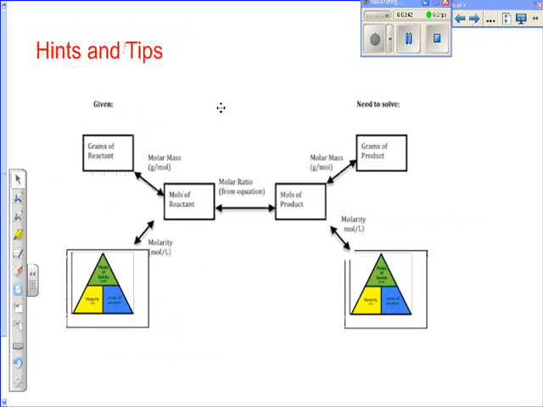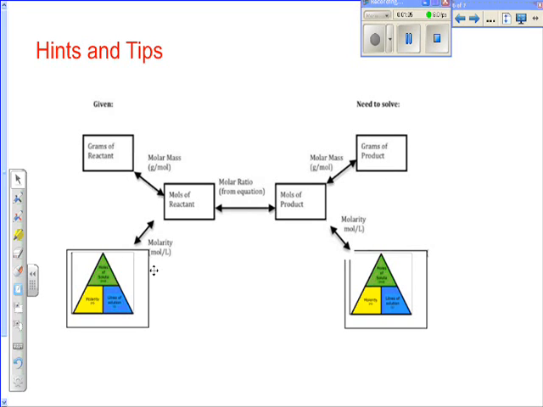To make it easier, just take a look at this picture. You all have one in front of you before you do your practice problems. And so if you're given grams, you know you have to convert to moles first, mole ratio, and then if you want your product in grams, you then use the molar mass of that one again to convert to grams.